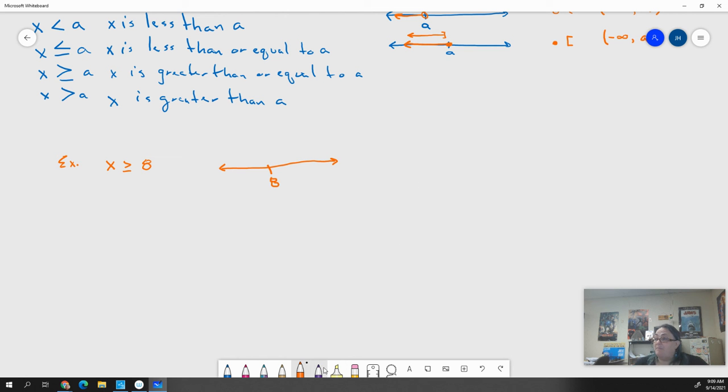And in this case, what's happening at 8 is we're saying that x is greater than or equal to 8. That means we are including 8. So we would have a closed dot, and it would be also everything bigger than 8. Follow?